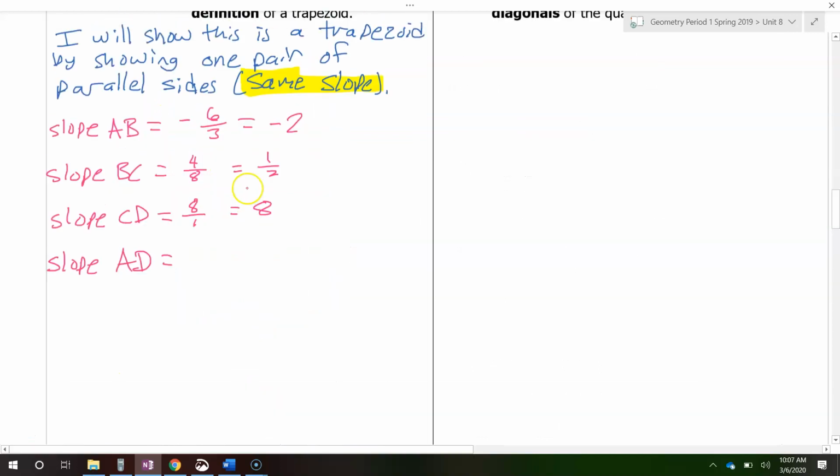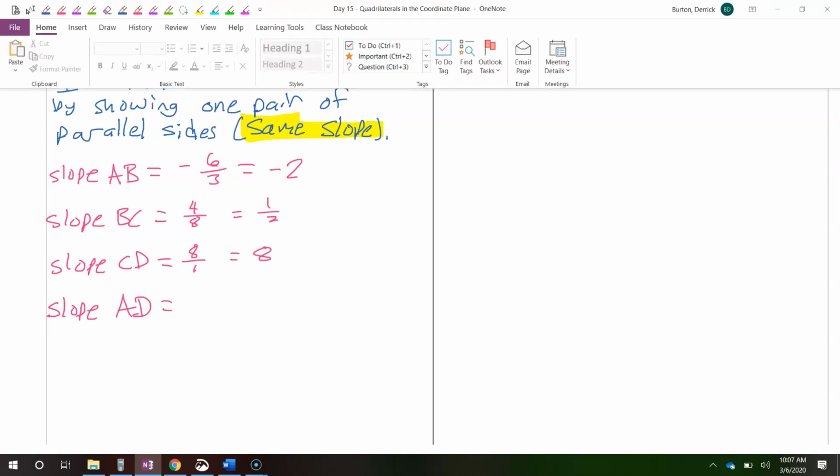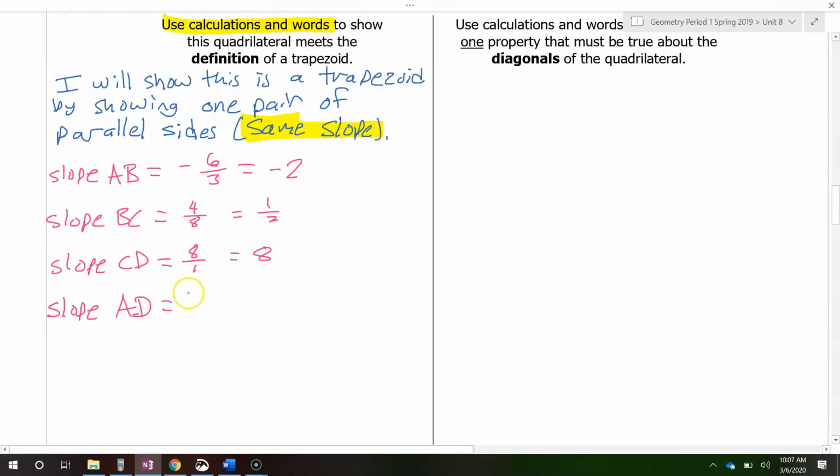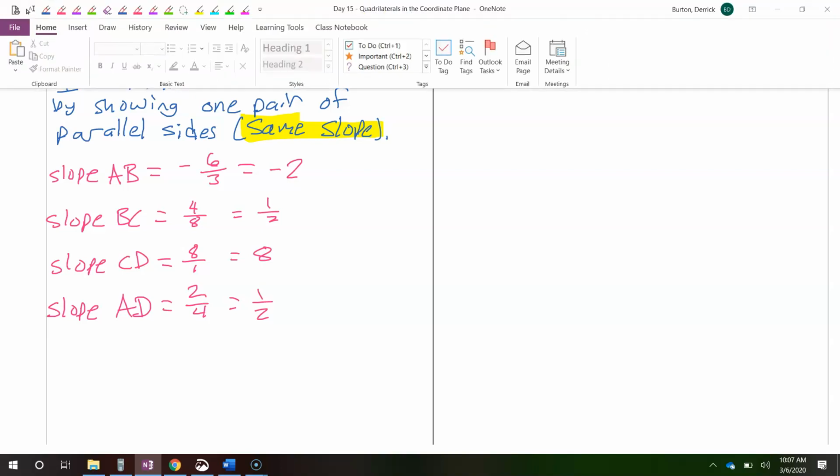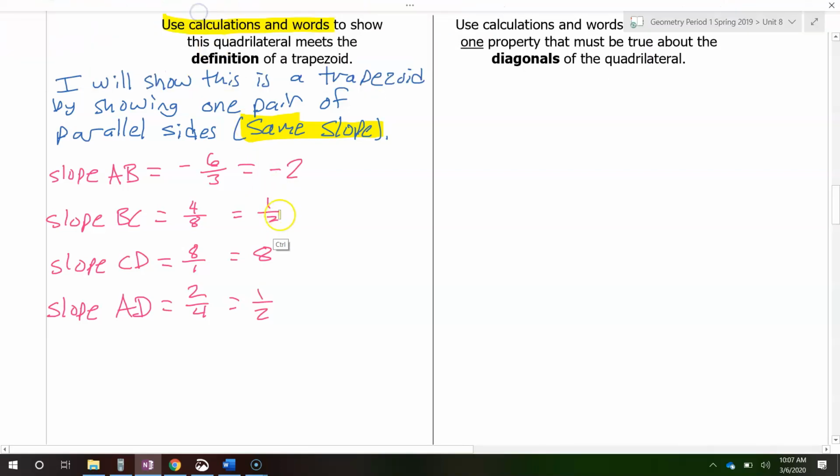Positive 2/4, which is 1/2. So as you look across all of these slopes, what do you notice? BC and AD are the only ones that have the same slope. So that means one pair of parallel sides.